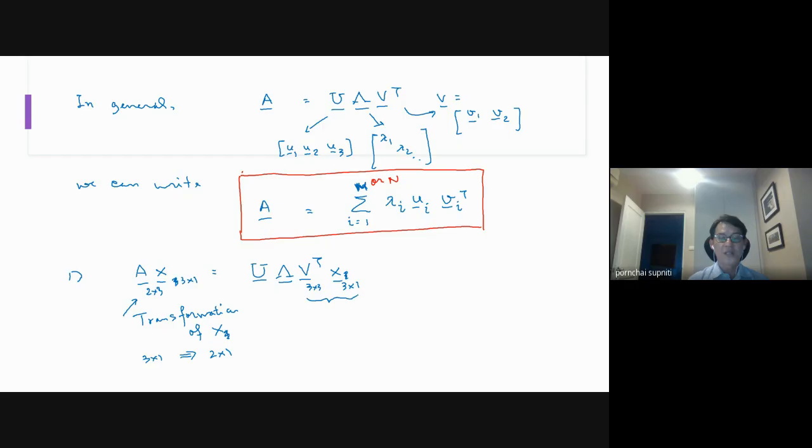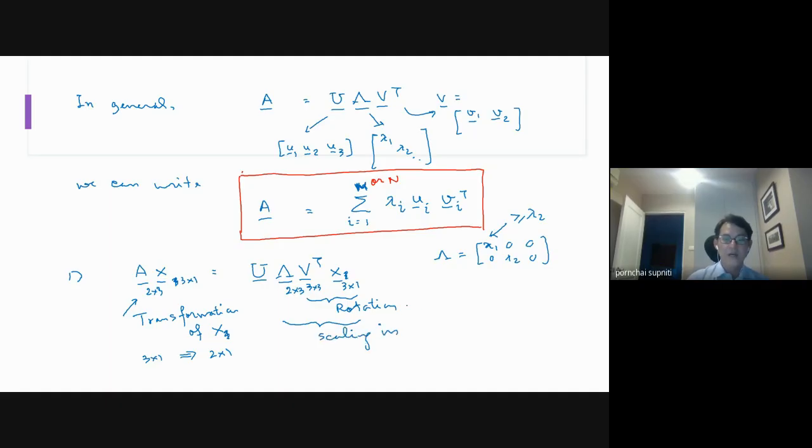First of all, this is like a rotation of the 3 by 1 vector. Then lambda has the dimension of 2 by 3, with lambda 1, lambda 2, and then 0, 0, where lambda 1 is greater than or equal to lambda 2. This part is like scaling.